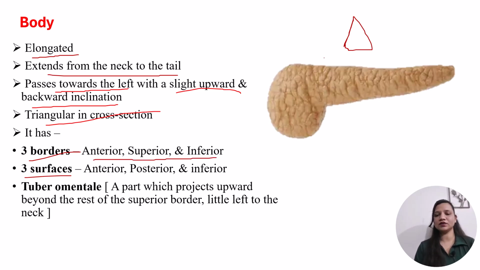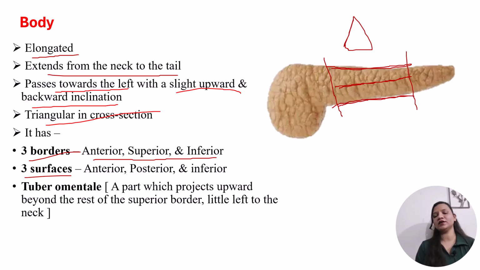So, if this portion is the body of pancreas, there is one anterior border which is present here. Then there is the superior border which is here, and then there is the inferior border which is here.